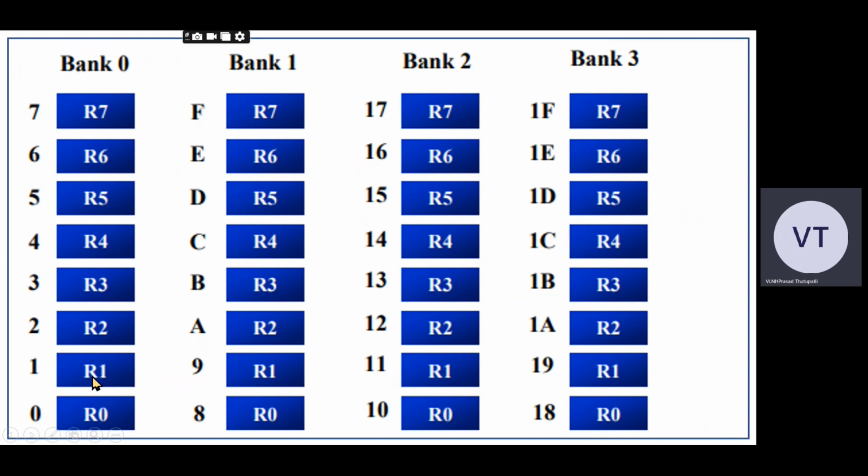You can refer to the second one with its name R1, and its address is 01. 01 means R1, 2 means R2. The third and fourth bytes are R3, then R4, R5, R6, and R7. These 8 registers are the registers available in bank 0.